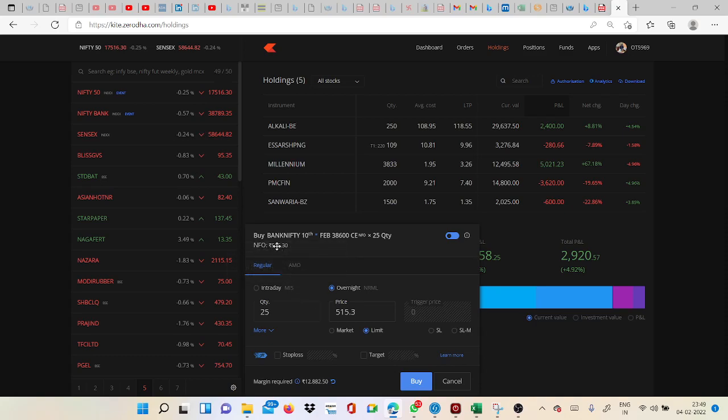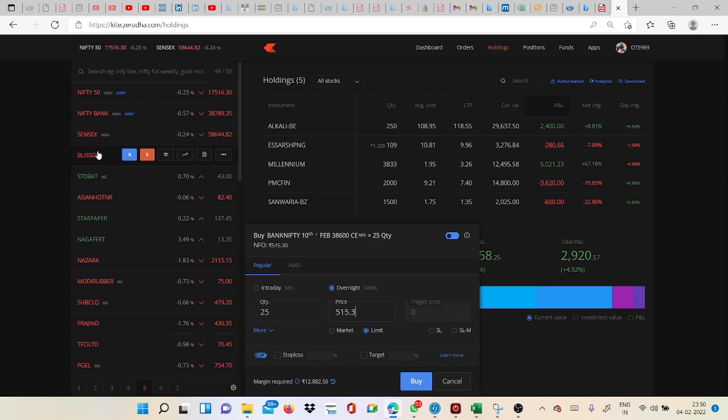And how it works: let's say you're targeting a price of 3860, so your strike price is 3860, but the actual spot price of this particular contract is something different, which is the market price. So your contract should move from 38,789 to something different, so it should reach 38,900 or 39,000.